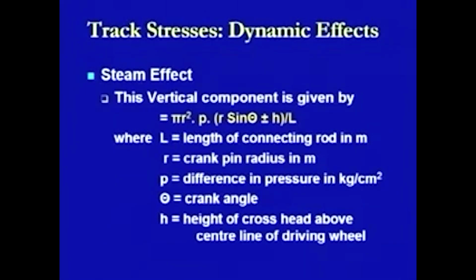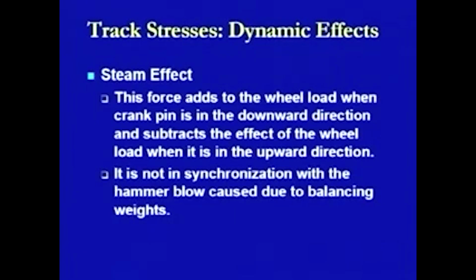L is the length of connecting rod in meters, r is the crank pin radius, p is the difference in the pressure on the piston, theta is the crank angle, and h is the height of the crosshead above the center line of the driving wheel, positive or negative depending on whether it is up or down from the driving wheel. What we see is that this force adds to the wheel load when the crank pin is in the downward direction and subtracts from the wheel load when it is in the upward direction, and it is not in synchronization with the hammer blow caused due to the balancing weights.